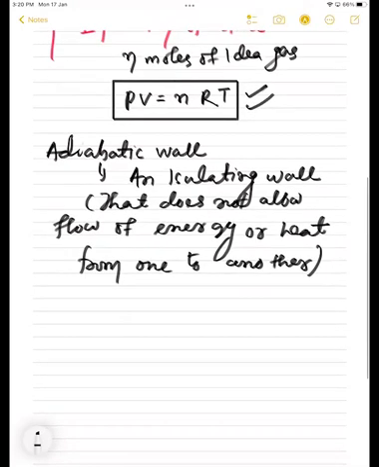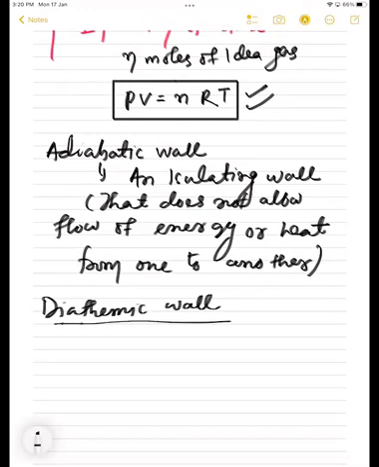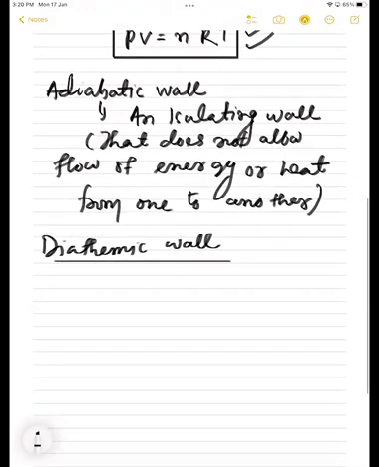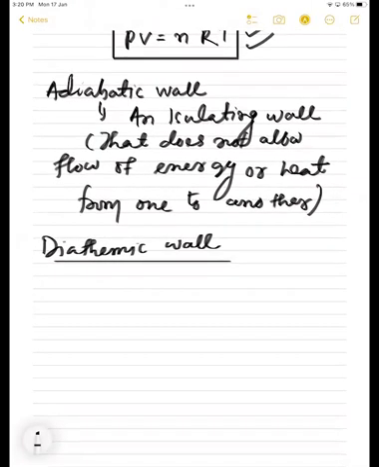And there is also diathermic wall. Sometimes in some books it is written diathermal wall. Just get acquainted with it, because after this, if you're taking mechanical engineering or any of the branches, then you will again come across those words of 11th and 12th, and you will learn little higher versions. But these walls will again come into being.